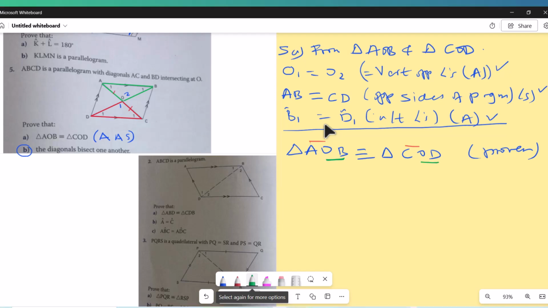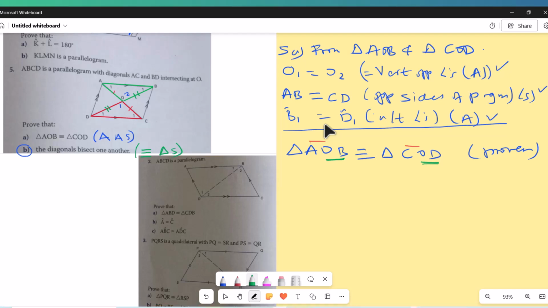Thank you. So because of that, this side equals this side here. Therefore these are bisectors. We say diagonals bisect one another. Reason being what here? Because of congruent triangles.